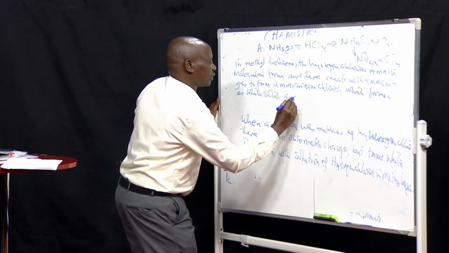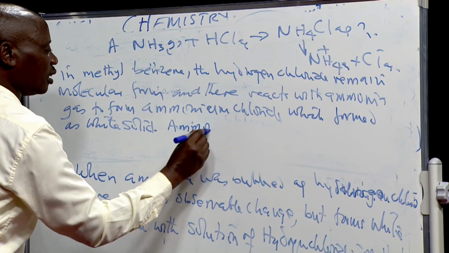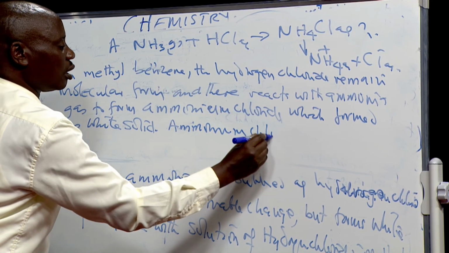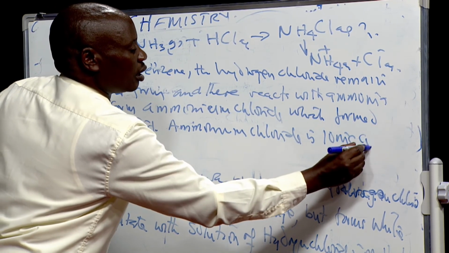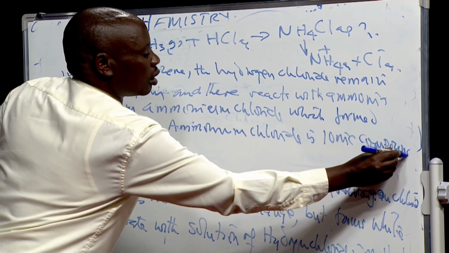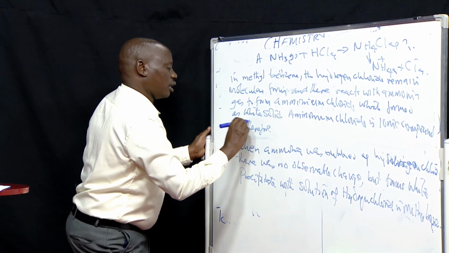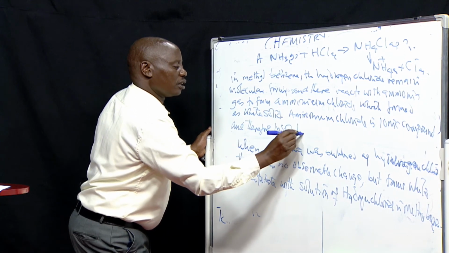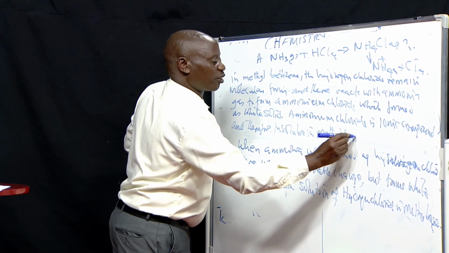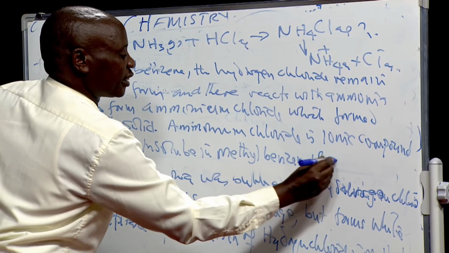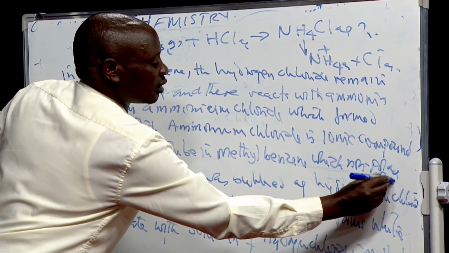And since ammonium chloride is an ionic compound, it is insoluble in methylbenzene, which is a non-polar solvent.